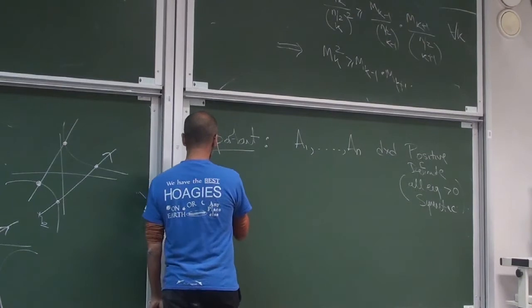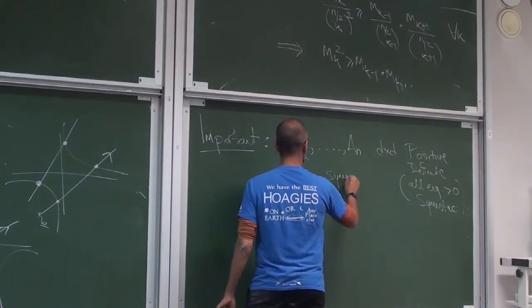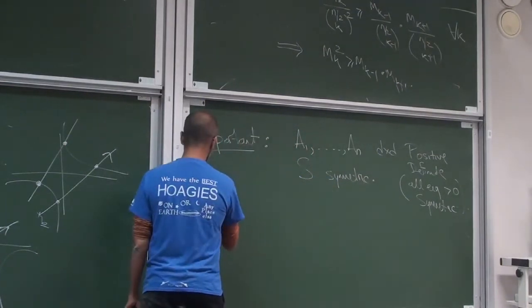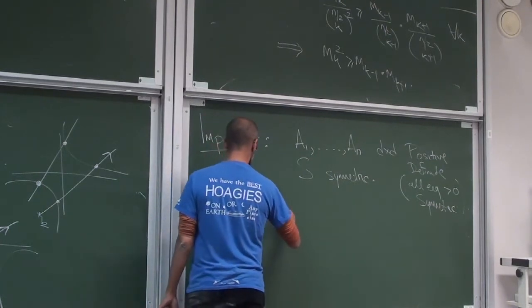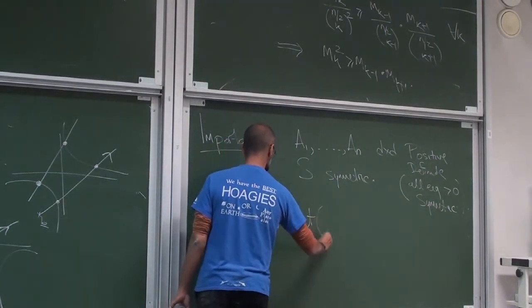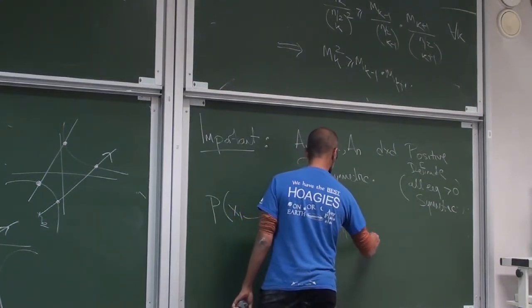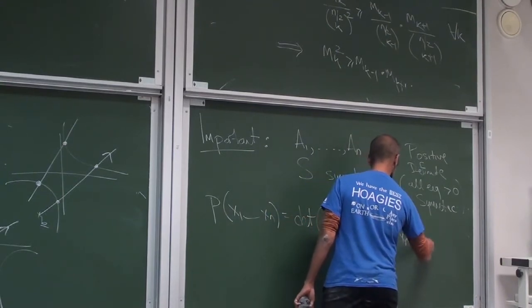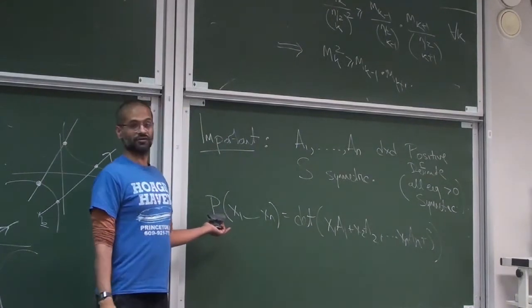Then I can define the polynomial, and suppose I have one more symmetric matrix S. Then you can look at the polynomial P of x1 through xn equals the determinant of x1 A1 plus x2 A2 all the way to xn An plus S. So that's a real polynomial.